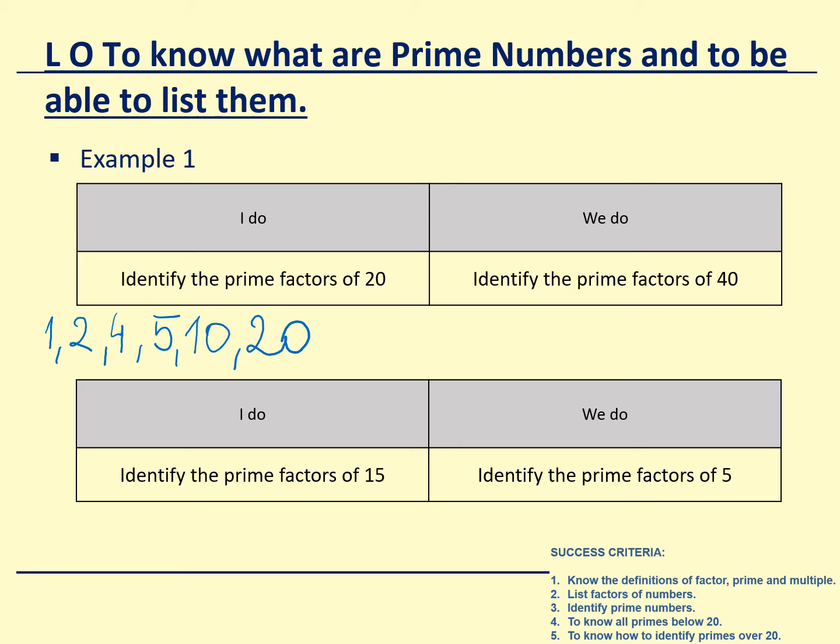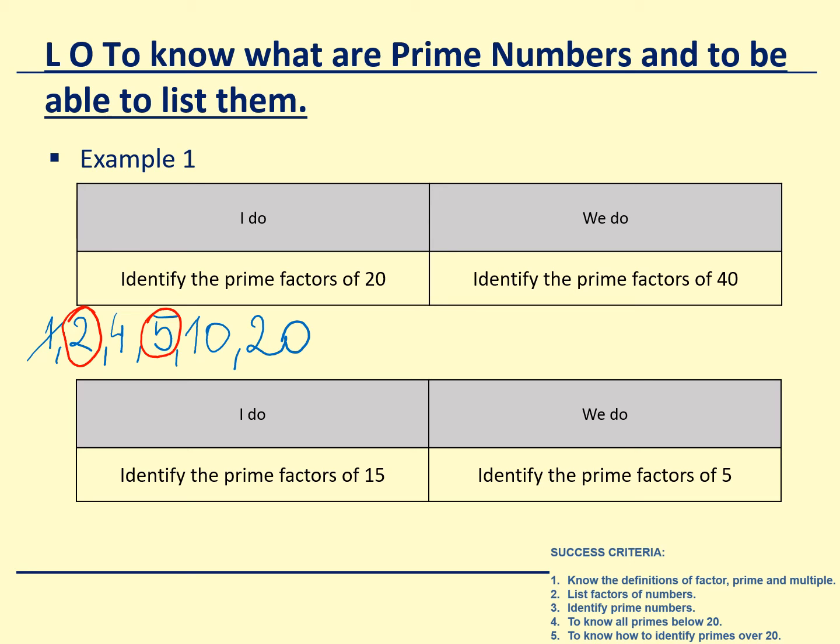1 is not a prime because it has only one factor, 1. 2 is a prime because its only factors are 1 and 2, so it has exactly 2 factors. 4 is not a prime because it has more than 2 factors: 1, 2, and 4. 5 is a prime because nothing else except 1 and itself goes into it. 10 can be made up by 2 times 5, so it's not a prime.